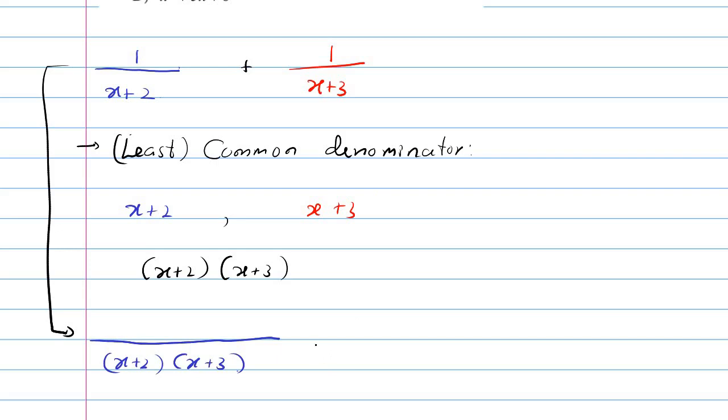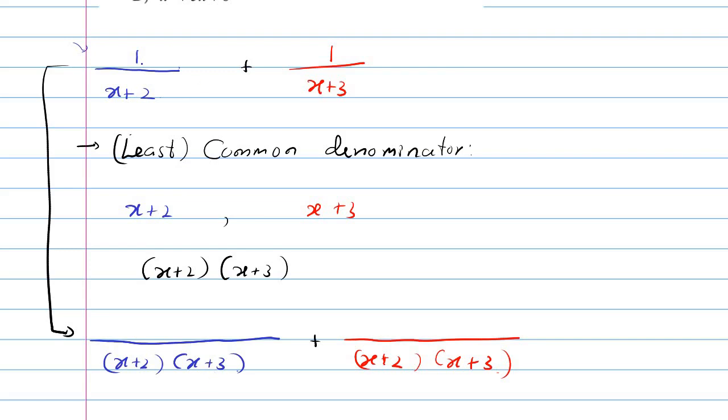And I'm just going to start writing the red fraction too. So we have x plus 2, and then we have x plus 3. Somehow we will have to convert the blue fraction on the top here into a fraction that has x plus 2 and x plus 3 as the denominator.